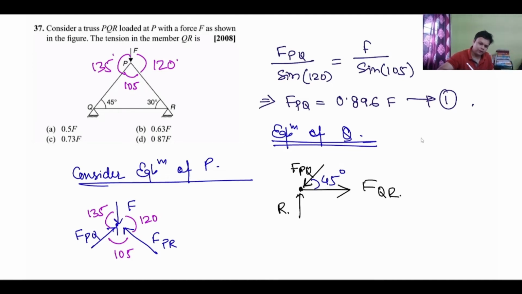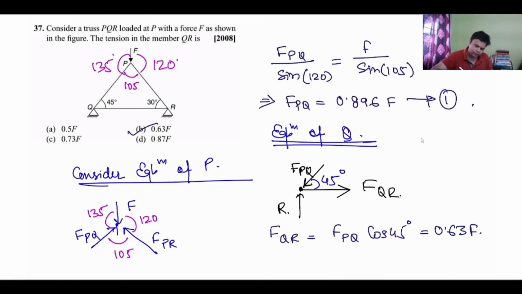So you can clearly see that FQR is equal to FPQ cos of 45. So 0.896 into cos of 45 comes out to 0.63F. So answer is B. I hope it is clear.